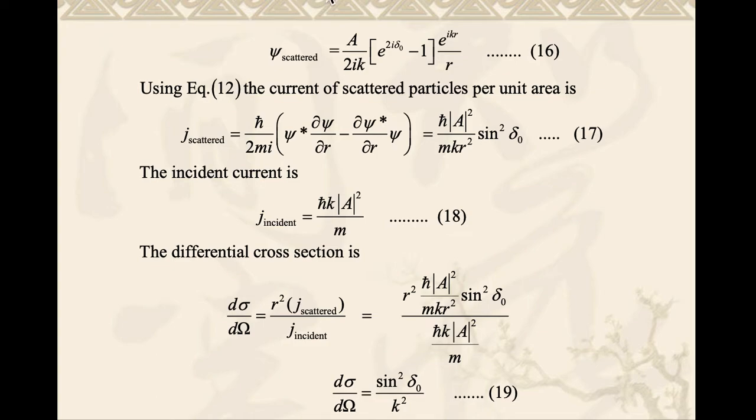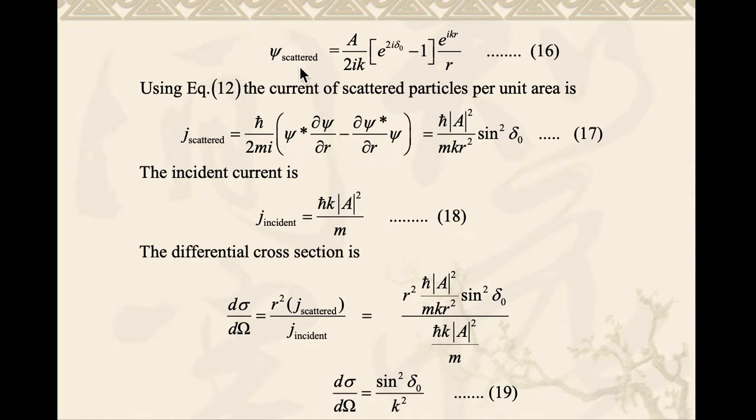And we have already mentioned this equation also, equation 12 in the last class. The expression for J scattered, the current density of the scattered particles, is given by h cross by 2mi times psi star d psi by dr minus d psi star by dr times psi.